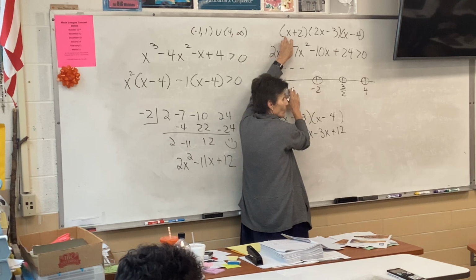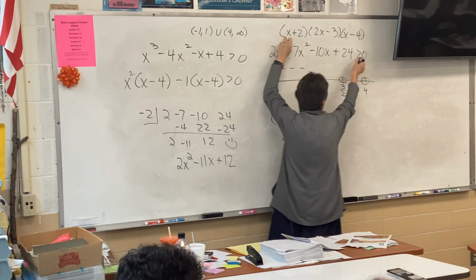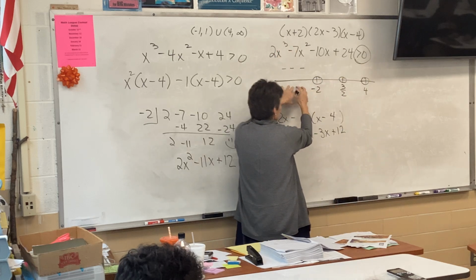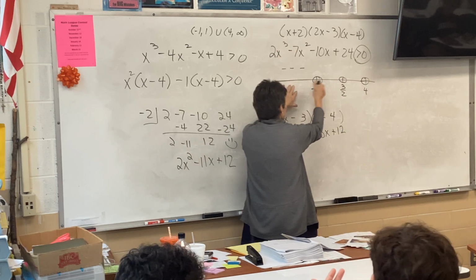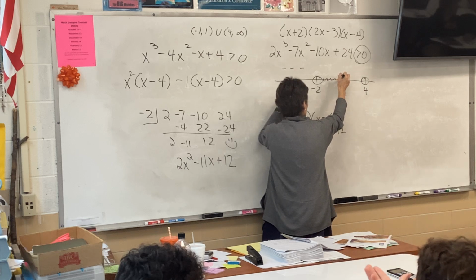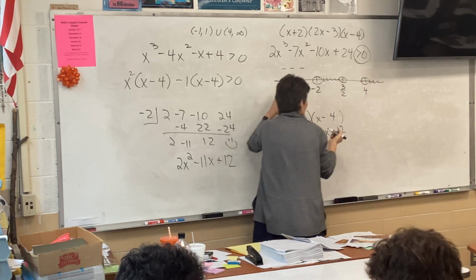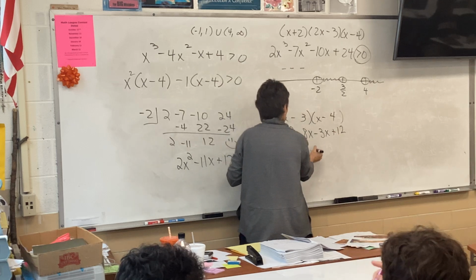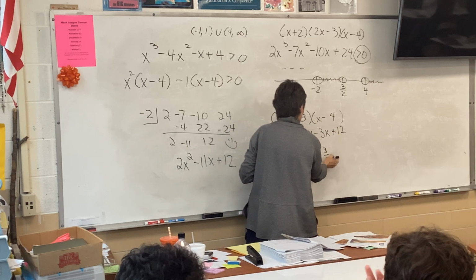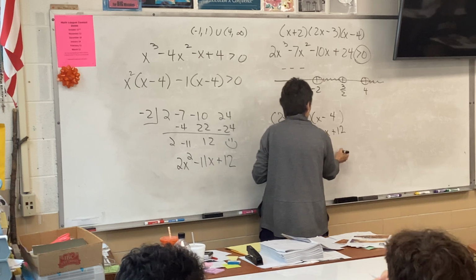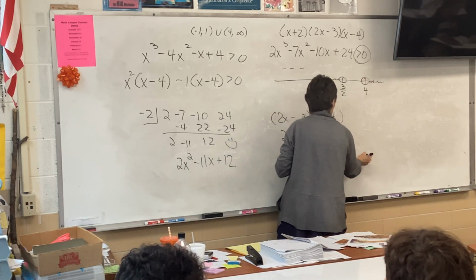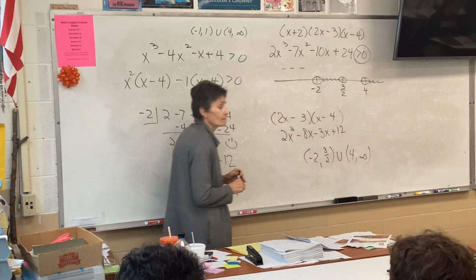That does not work, because I need positive. So if this doesn't work, then this will, that won't, and this will. So my answer is -2 to 3 halves, or 4 to infinity.